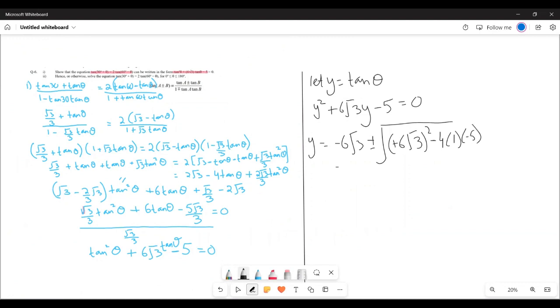So y equals, okay, I'm going to enter this in the calculator.